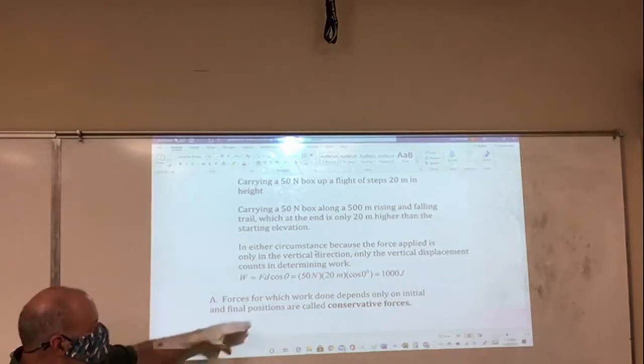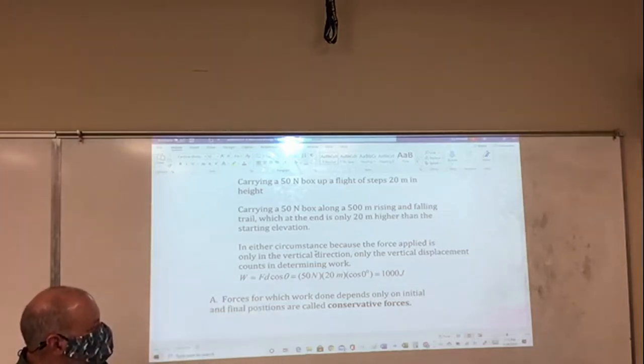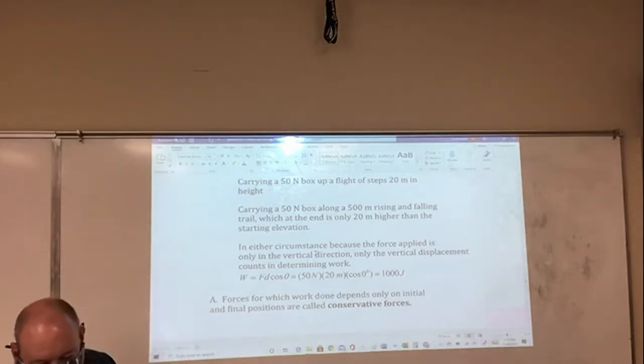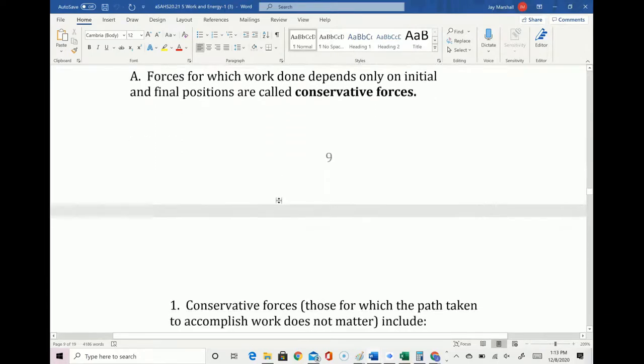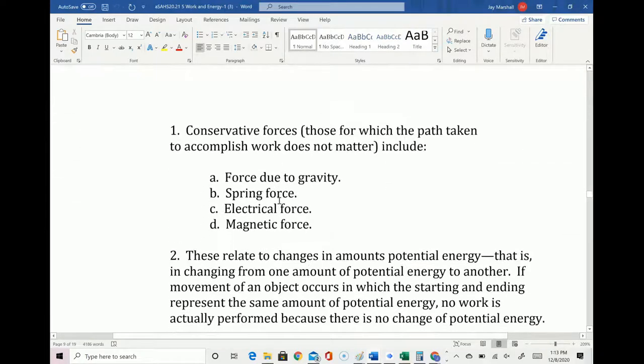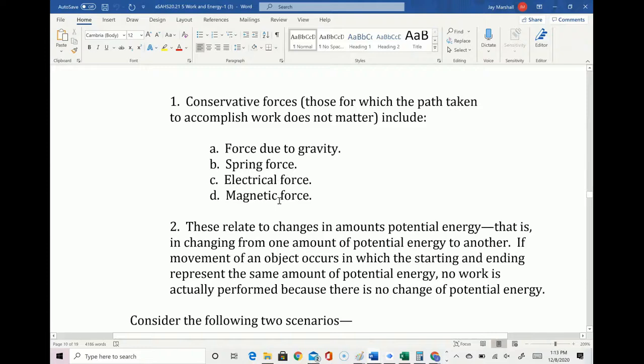Okay, so forces for which work done depends only on initial and final position are called conservative forces. Conservative forces, those for which the path taken to accomplish the work does not matter, include the force due to gravity, spring force, electrical force, and magnetic force.